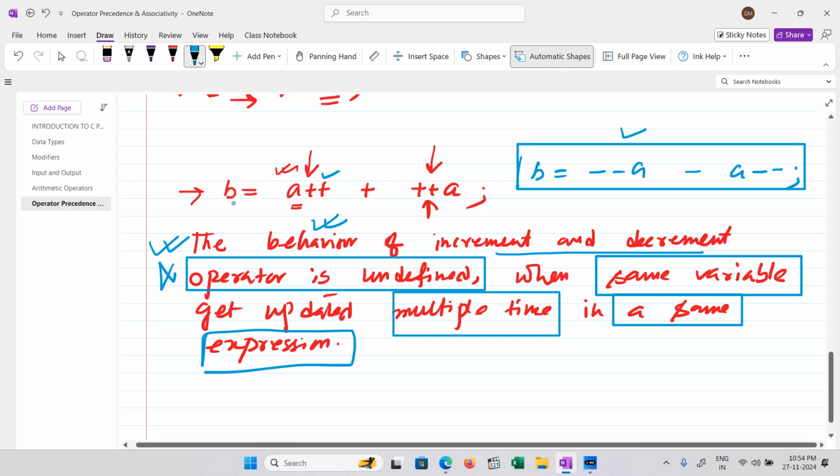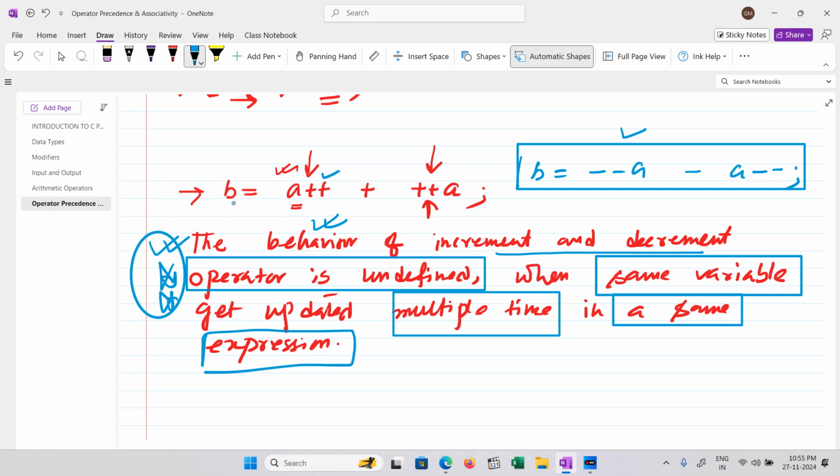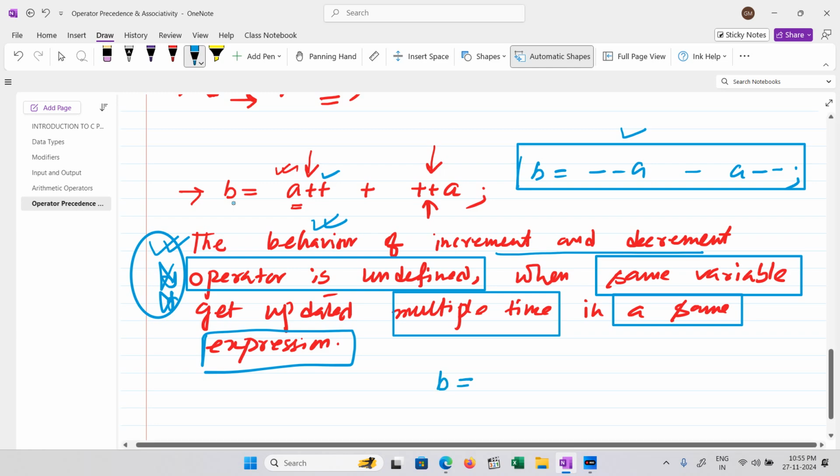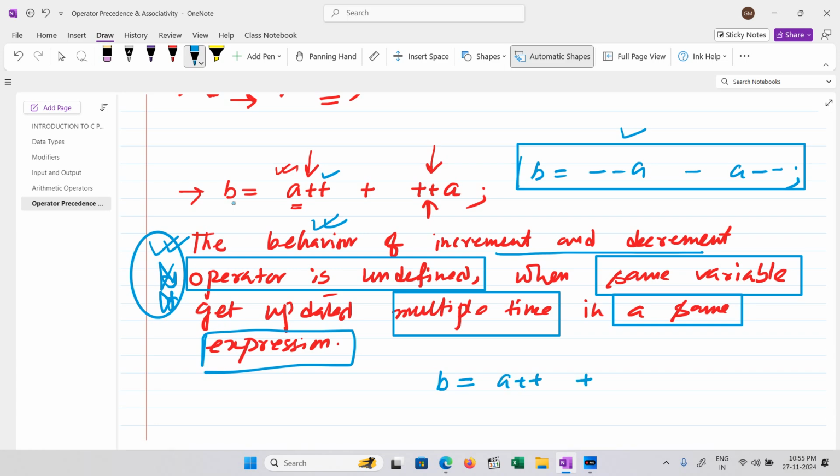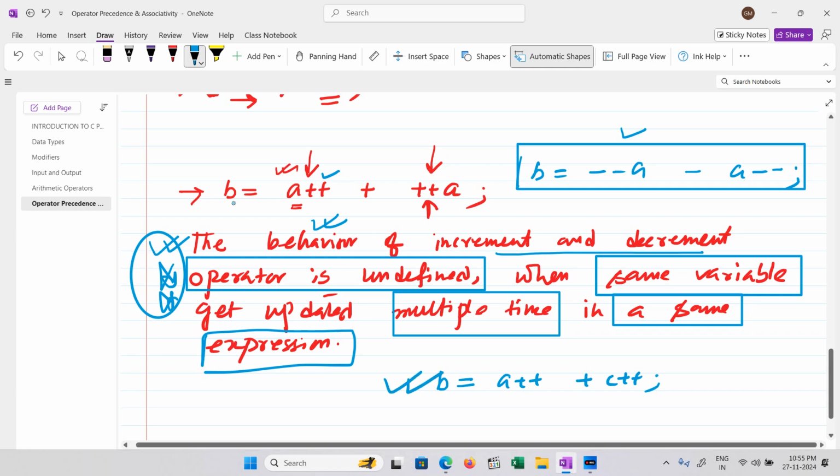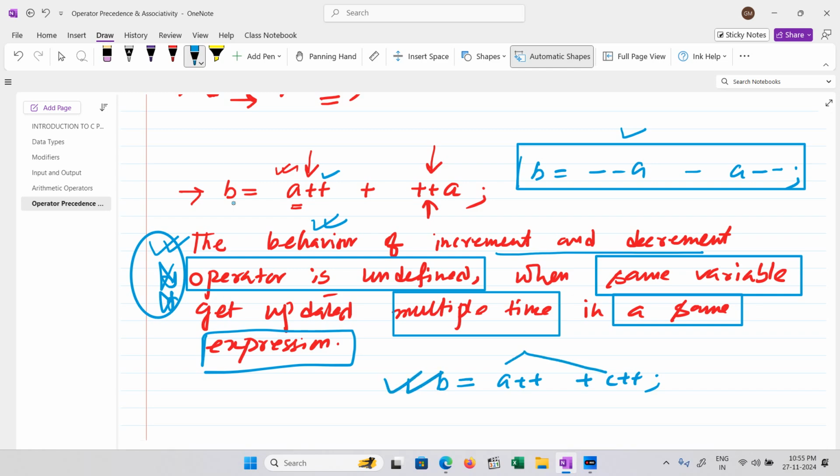But we can easily evaluate when this operator comes with only one occurrence in each expression. I can easily calculate this. No problem, it is defined because here both are two different operands, no issue. Even though you can also do this.